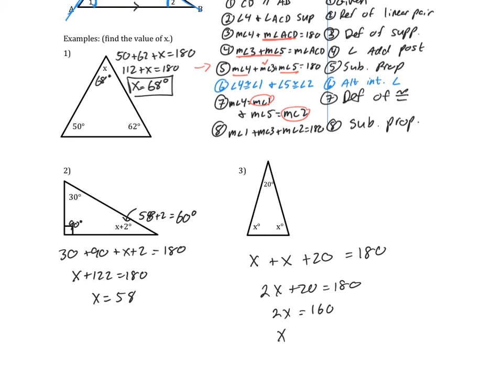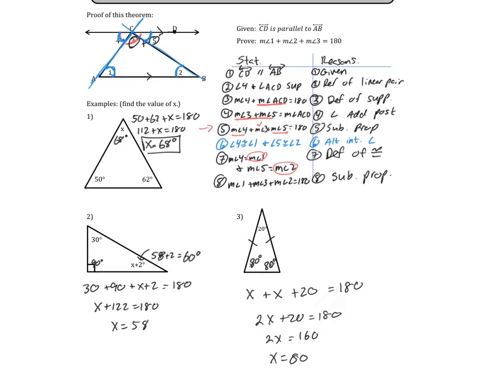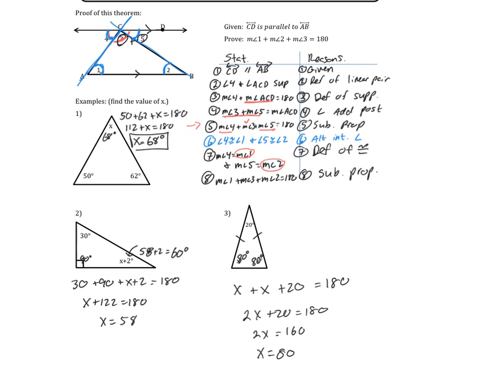Divide both sides by 2, x equals 80, which means both of these would be 80-degree angles. Since they're equal, those 2 angles have the same measurement, we also should know that we're dealing with an isosceles triangle. So that's how we're going to prove and apply the triangle angle sum theorem.